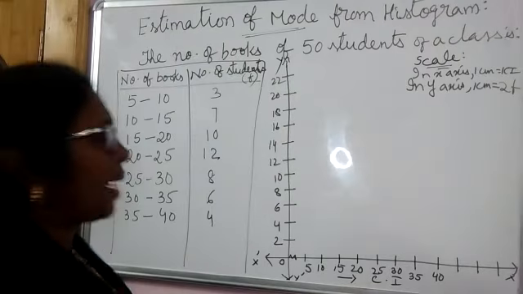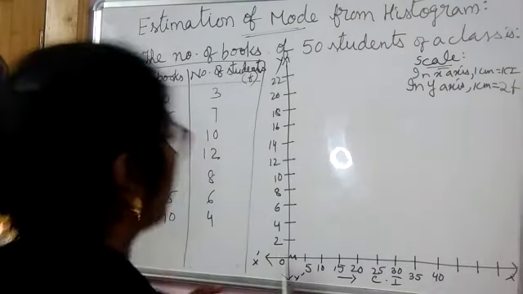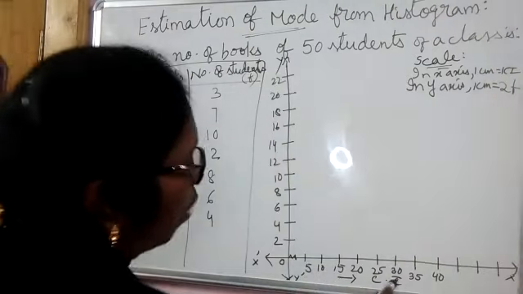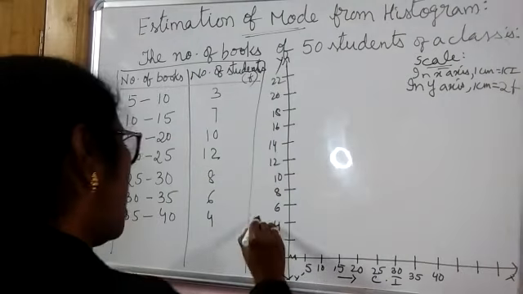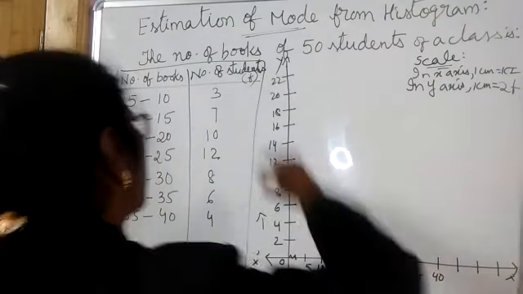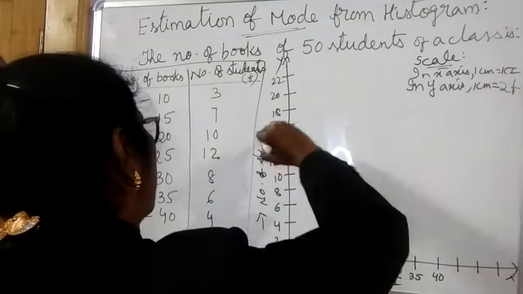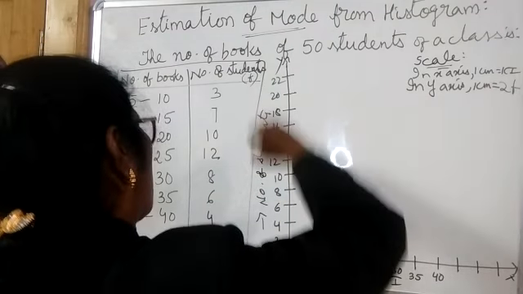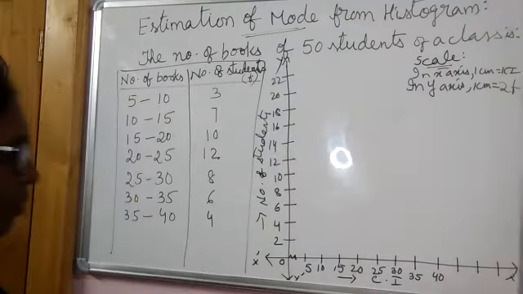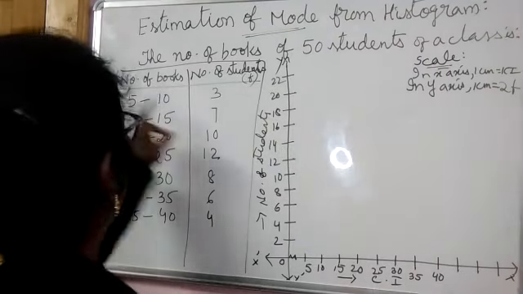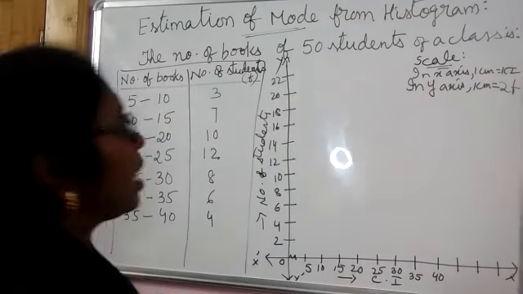And it is important to label the x-axis and y-axis, what you are showing in the x-axis and what you are showing in the y-axis. Here the y-axis shows the number of students.